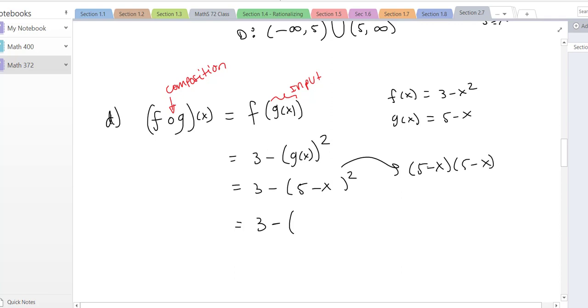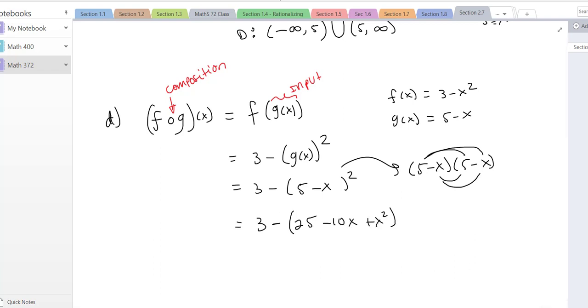So don't forget to FOIL. Make sure you're not just saying 25 minus x squared, right? There are some middle terms here. This is 25 minus 5x minus another 5x and then plus x squared. So I get 25 minus 10x plus x squared. And now let's distribute this negative in.